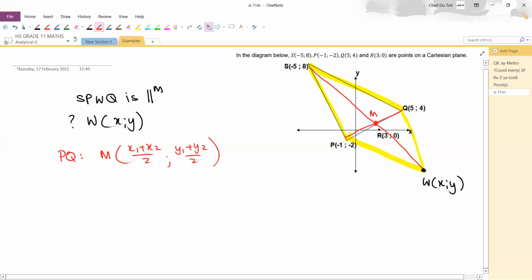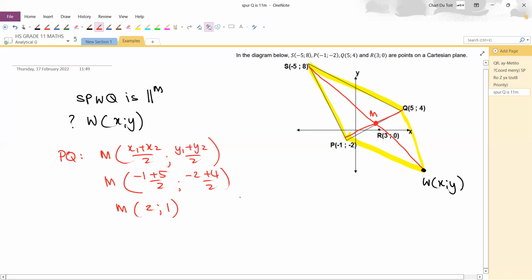So let's get the midpoint of the PQ bit. That's -1 plus 5 over 2, and for the y, -2 plus 4 over 2. And that is just 2 and 1. Okay, so that means that SW will have the same midpoint.